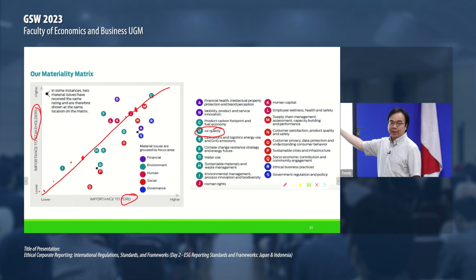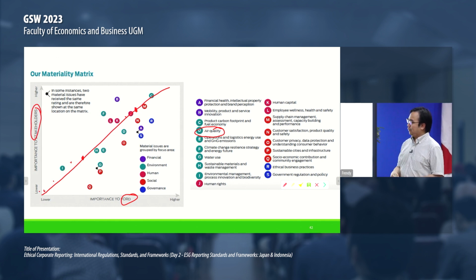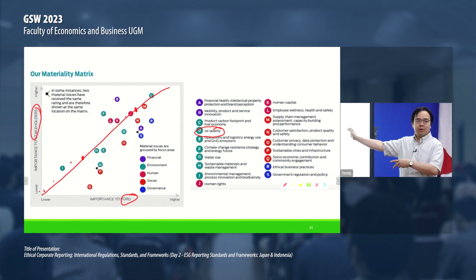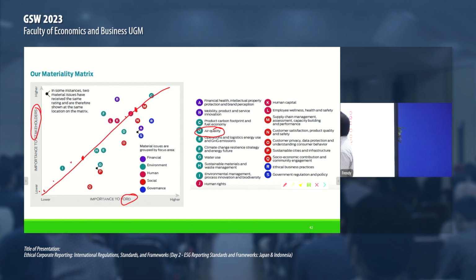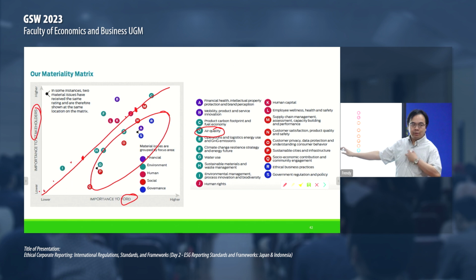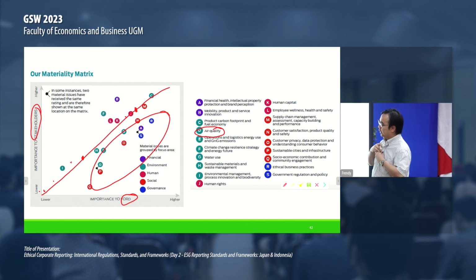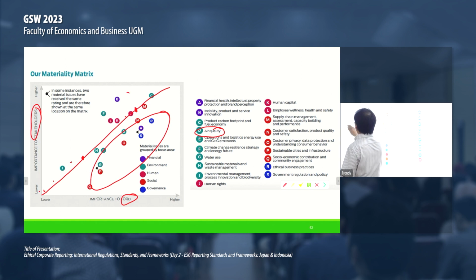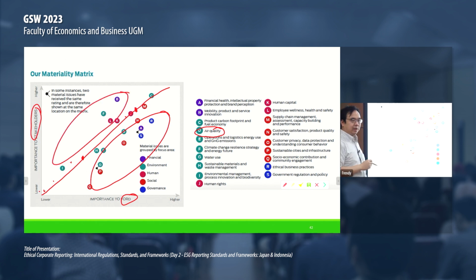So by using this guideline, we have kind of two groups of circles, right? We have more to the right of the line, and then we have fewer items on the left side of this line. So what does it mean?